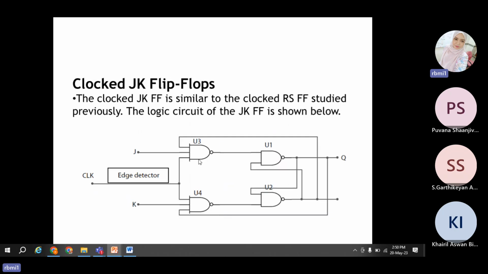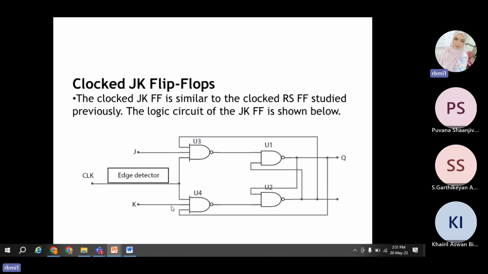Also, it consists of 4 NAND gates. It has two basic parts, the master section and the slave section. Inputs J and K are used as the set and reset of the output.